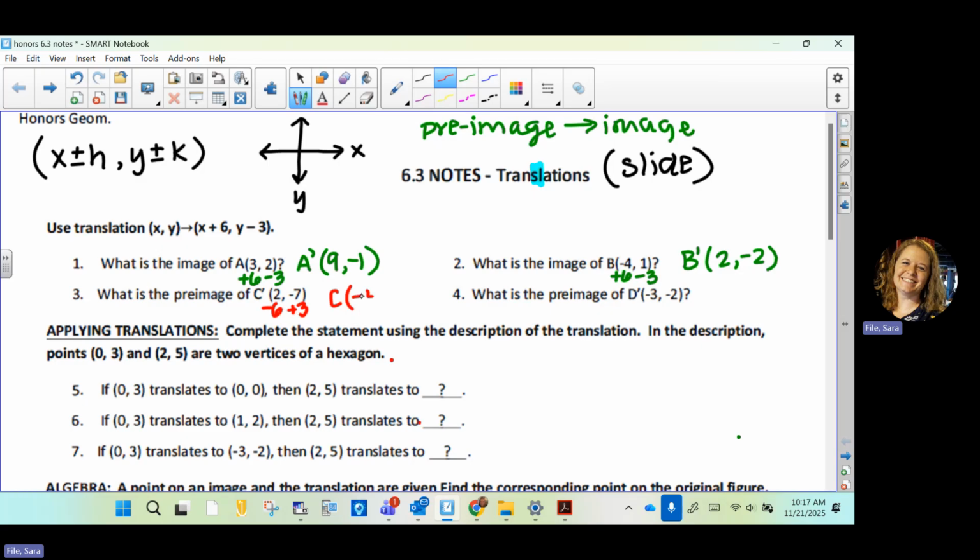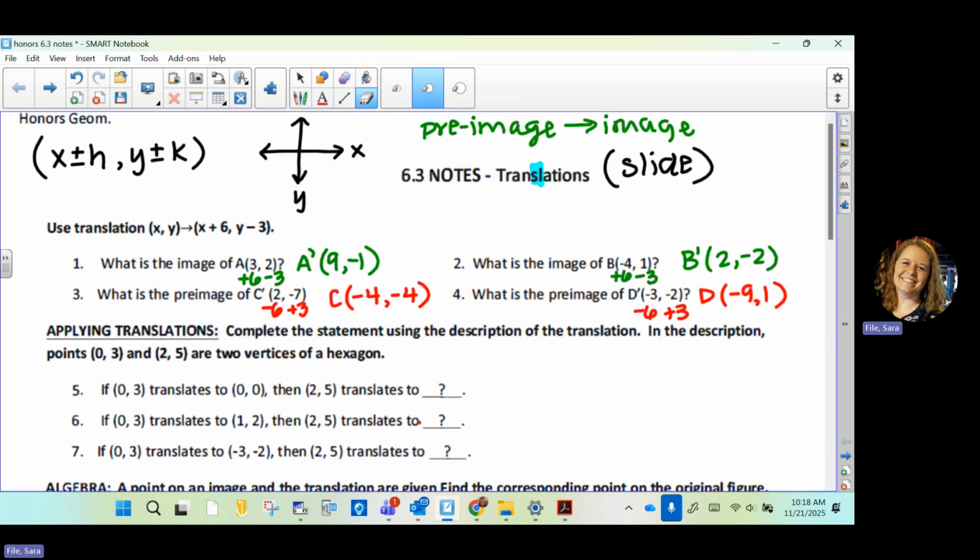So that means C was at -4 before it was translated. Same idea here. What is the pre-image of D prime? Well, we'll have to go backward to find that. So we will subtract 6 and add 3. So it started at -9, 1 before it was translated, before they slid it around.